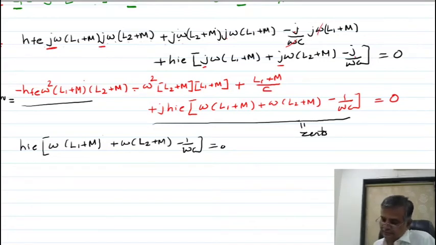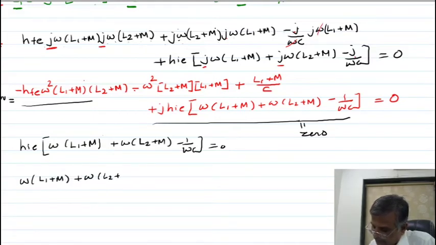Imaginary part. So I can write omega (L1 plus M) plus omega (L2 plus M) is equal to 1 upon omega C. Or let me do it more simply.